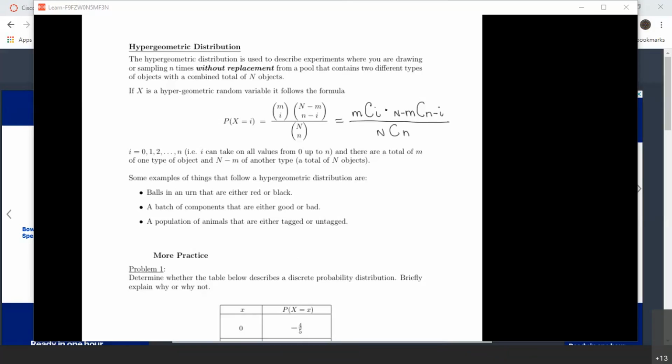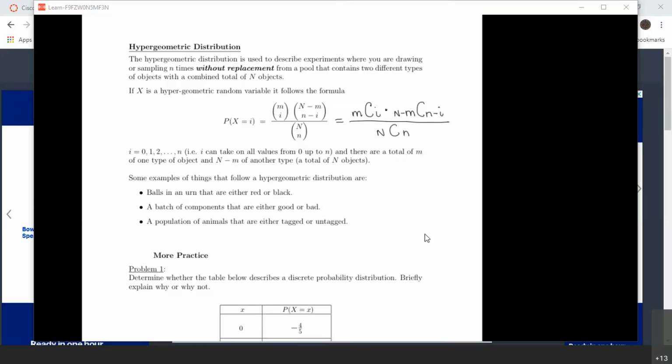Okay? Now, again, your outcome value can take on all the values from 0 on up to n. Okay? And there are a total of m of one type, right? So say m men and n minus m women. Okay? And I'm trying to pick a committee that has so many men and so many women, right? So balls in an urn that are red or black. Okay?